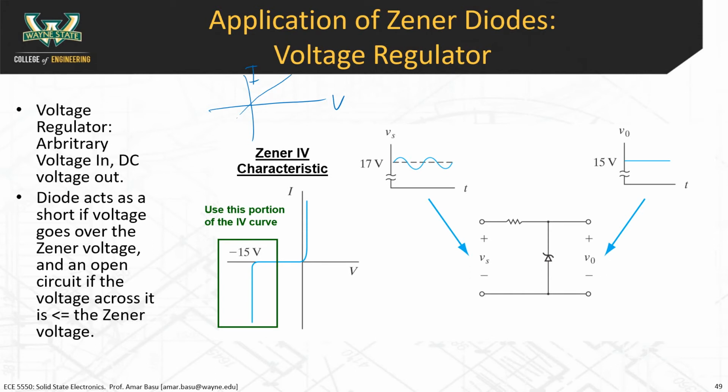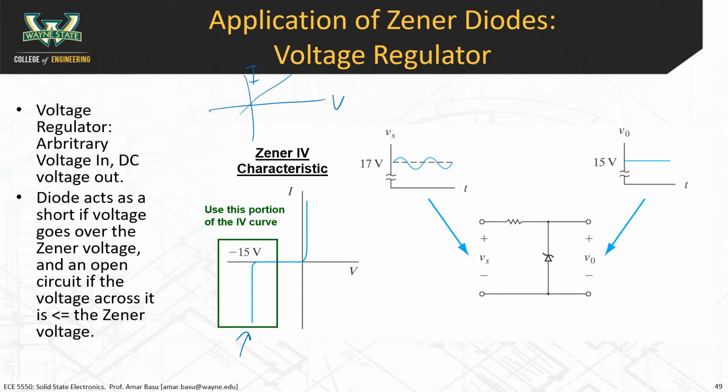What if the line is vertical? What does that mean? So here, notice that we have a vertical line. If you have a vertical element like that, that can act as a voltage reference, or what's called a voltage clamp.